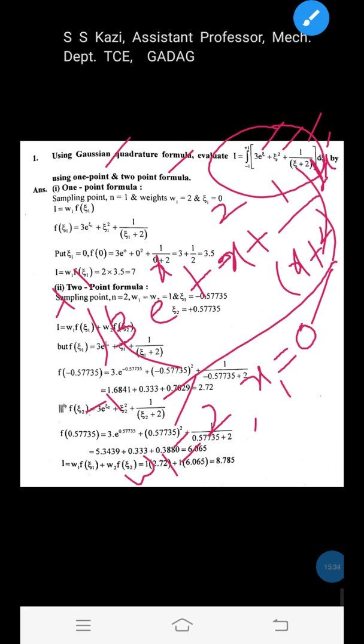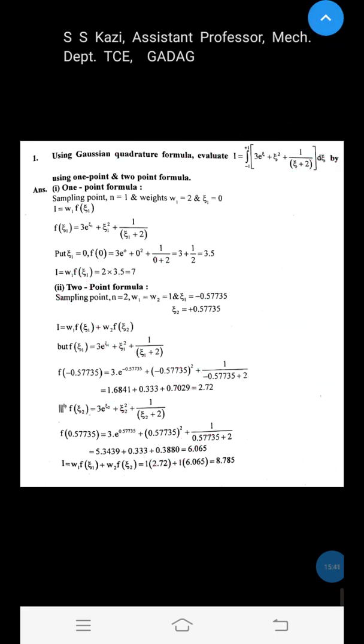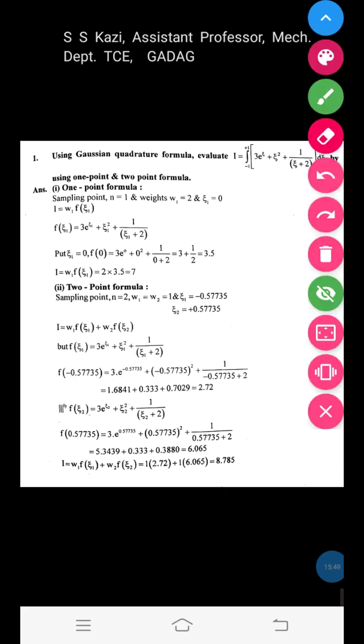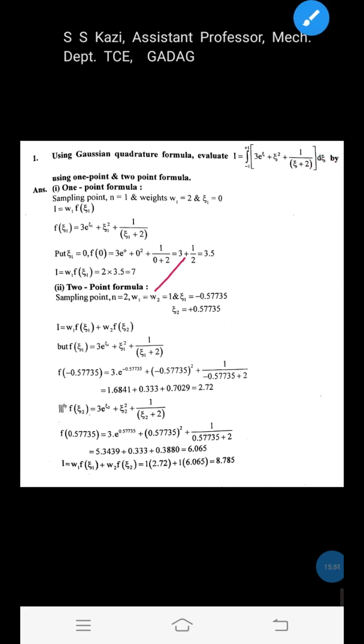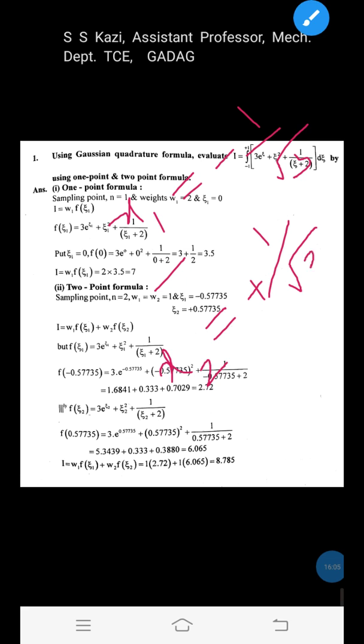For the 2 point method, W1 is equal to W2 is equal to 1, and x1 can be written as minus 1 by root 3, that is minus 0.577, and x2 is equal to plus 1 by root 3, that is plus 0.577.